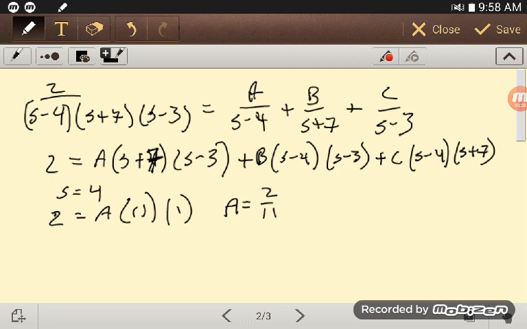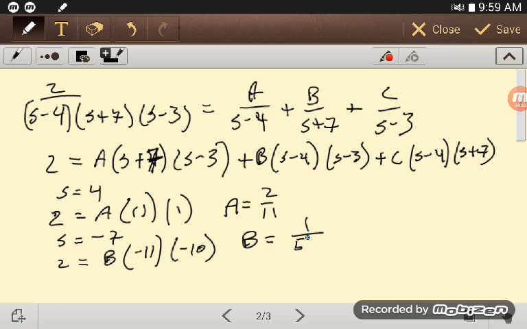And then same thing for B. If I let s equal negative 7, that knocks out the A term and the C. So I get 2 equals B times negative 11 and negative 10. So there's a big number, but 2 over 10 is 1 over 5, the negatives cancel, and I get B equals 1 over 55.